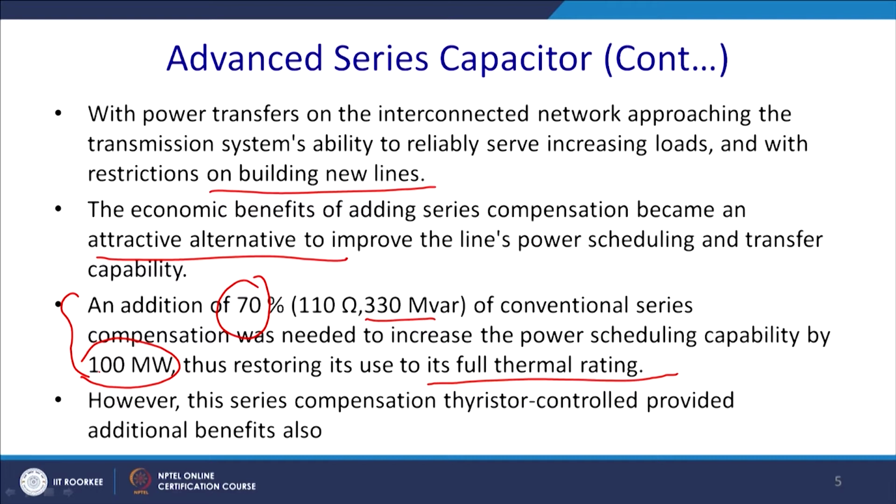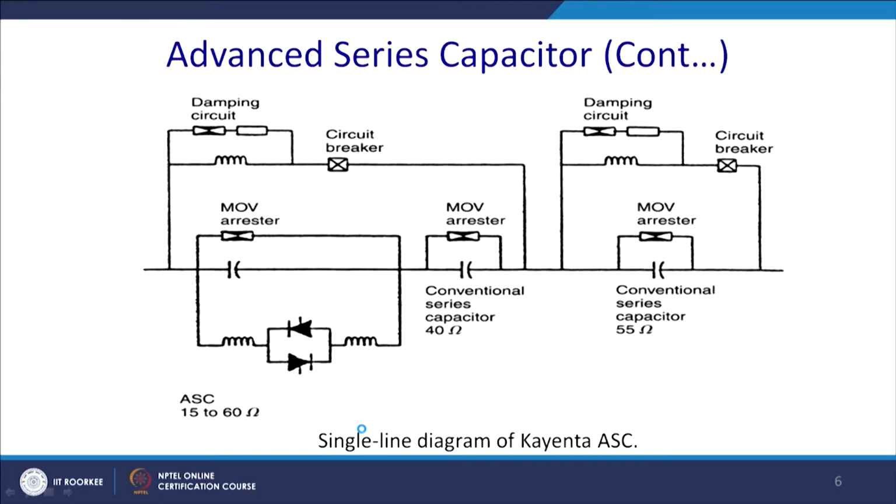However, this thyristor controlled series compensation provides additional benefits also. We know that damping can be provided and all those issues. This is the single line diagram of this advanced series compensator. This is the damping circuit, this is the MOV, and this is the ASC, whose impedance can be changed from 50 to 60 ohm.